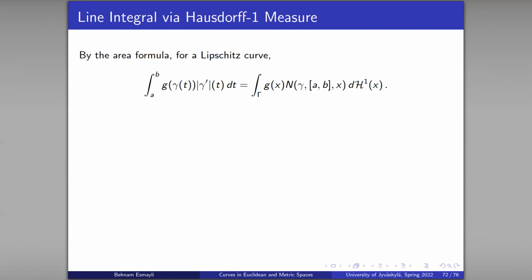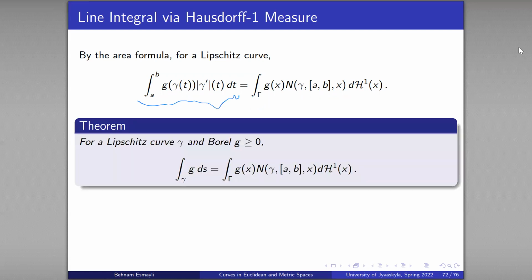So this is a true fact. But then this one is exactly the definition of line integral, this quantity here. So this by definition equals this, and this is now by theorem.